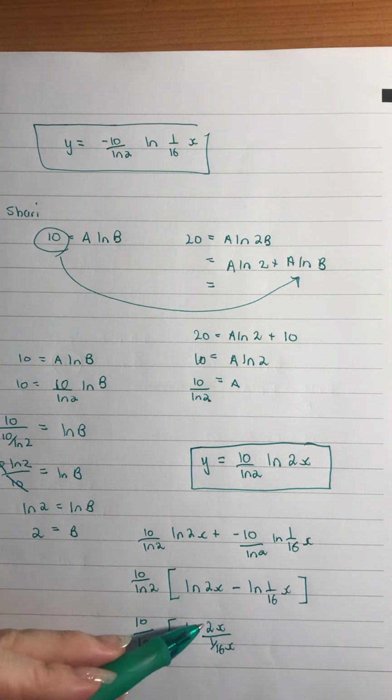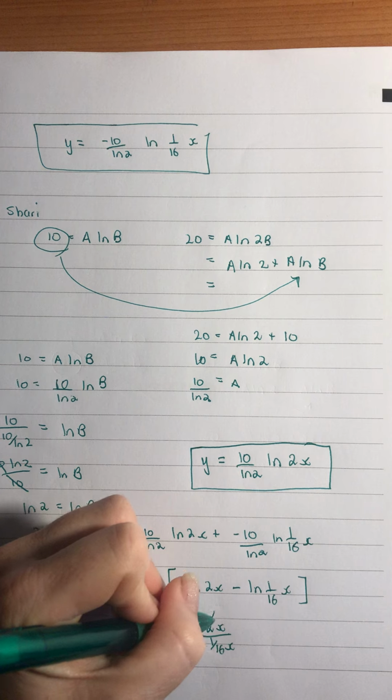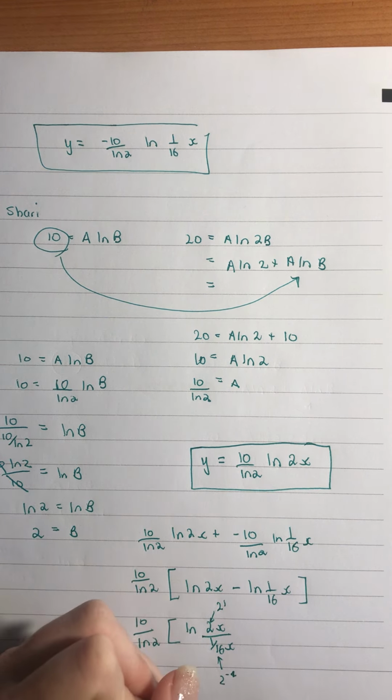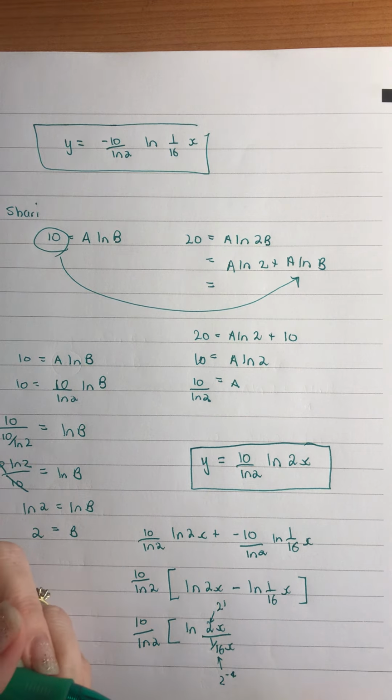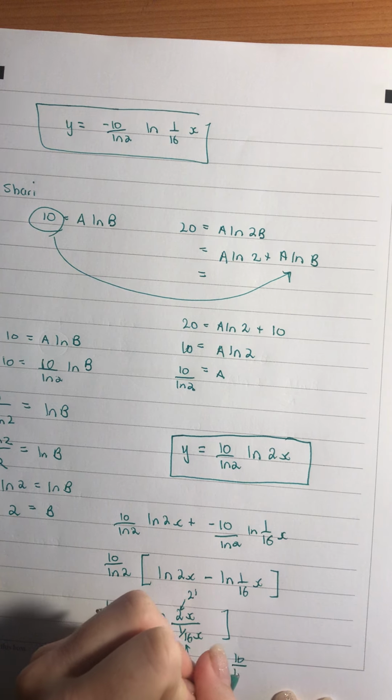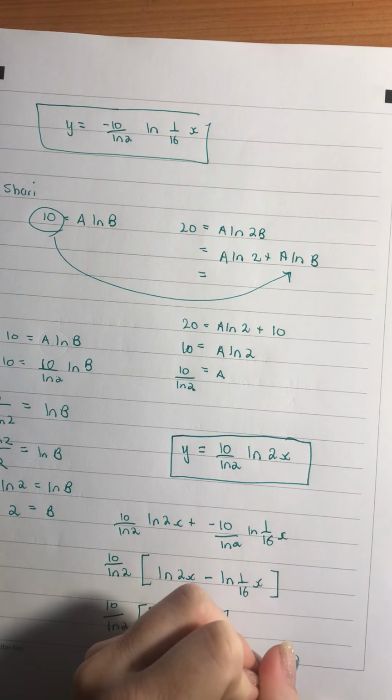Now if we do 2 divided by 1 on 16, 2 is the same as 2 to the 1, 2 to the negative 4. 1 take away negative 4 is going to give us 2 to the 5. So we end up with 10 over ln 2 multiplied by ln of 2 to the power of 5.